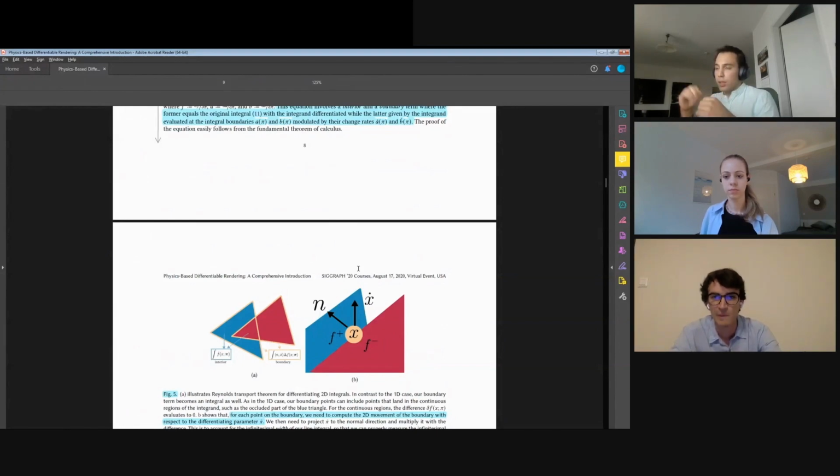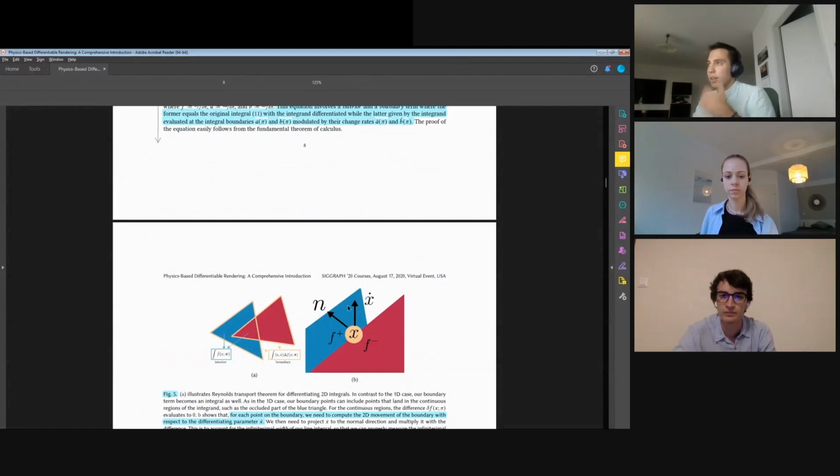If you send a sample into the interior of the triangle, the derivative will only give you the local change, and that's why you get zero. However, on the edge, obviously, it changes.